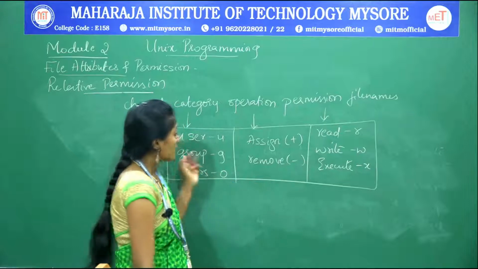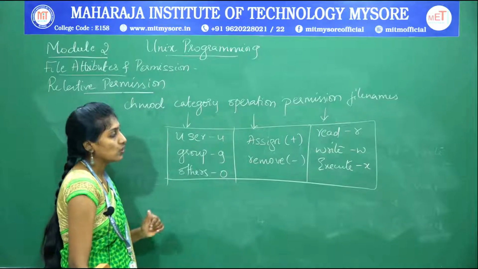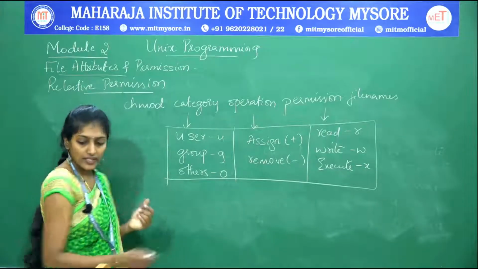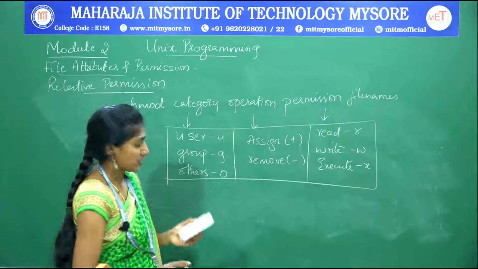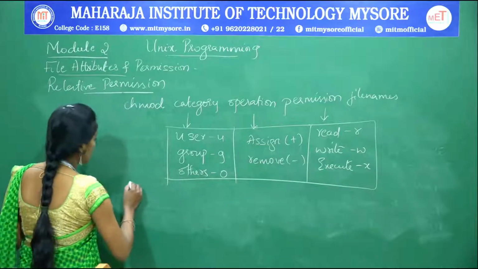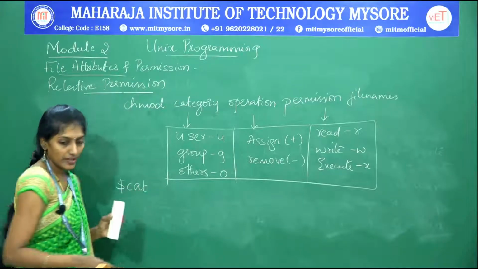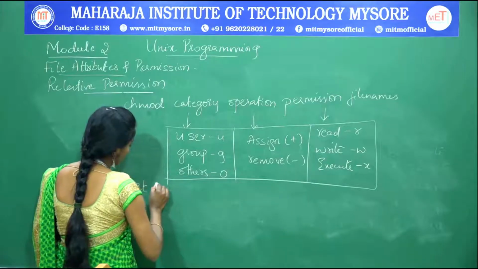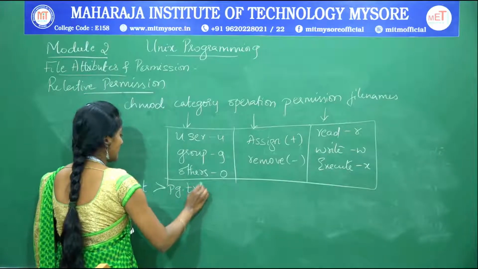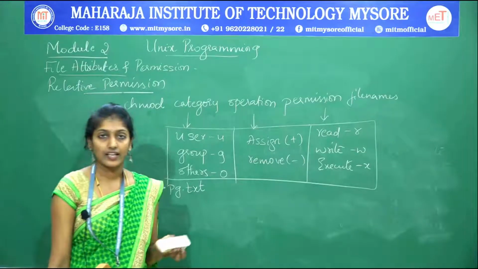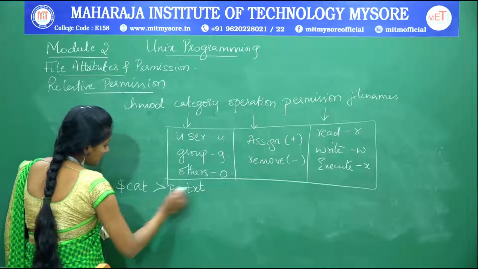Now, after understanding these, let me show how we are going to assign the permission. Let us consider a file which has a default file permission. Assume that I have created a file using cat, a pg.txt file.